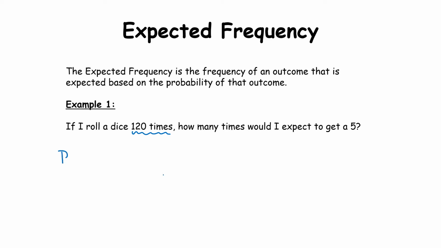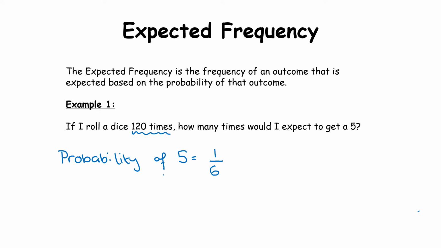Well, let's ask the question, what is the probability of getting 5? So if I want to roll a dice, what's the probability of getting a 5? So there's 1 five on the dice out of 6 possible outcomes. So the probability is 1 in 6. So that's telling us that out of every 6 times, one of them will probably be a 5.